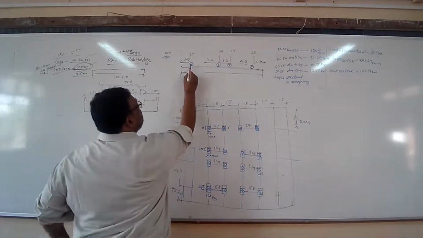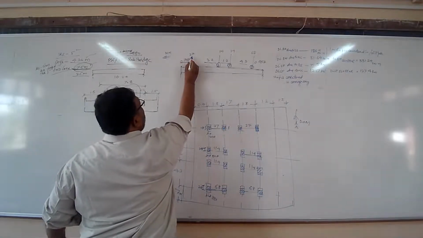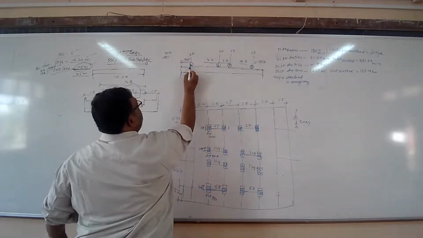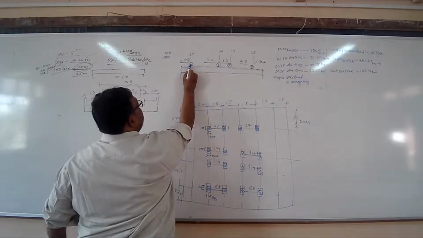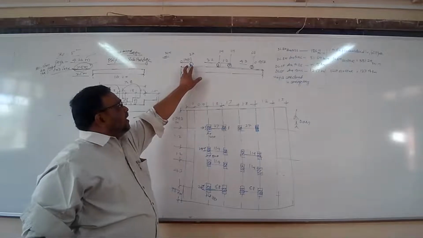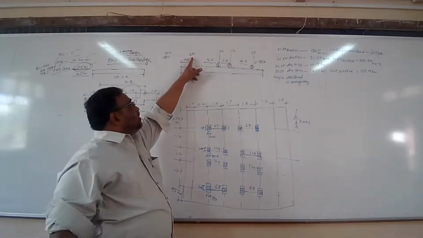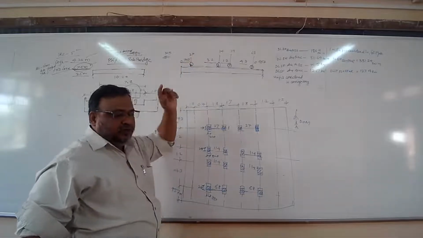How much is the distance which is in contact? That is in the direction of motion. अगर ये 27 kilonewton है, तो in the direction of motion ये contact width कितना है इसका? How much is this contact length in the direction of motion when the axle load is 27 kilonewton?